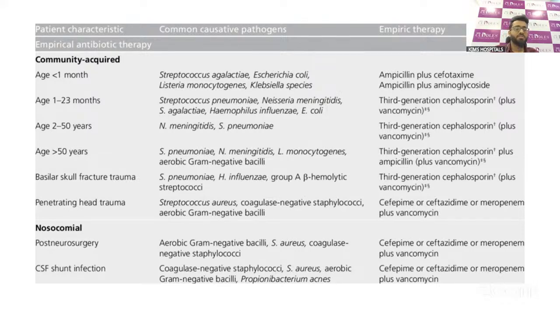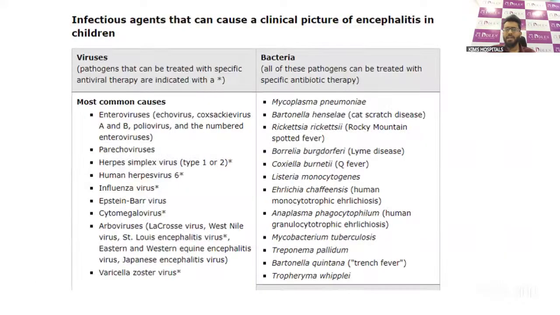And again, CSF shunt infection is very common, coagulase negative staphylococcus. In fact, with any plastic or any adhesives or any cannulation, long-term PICC lines, these common infections need to be suspected. And accordingly, the antibiotics should be tailored. And the duration also depends on the organism. So these are uncommon causes.